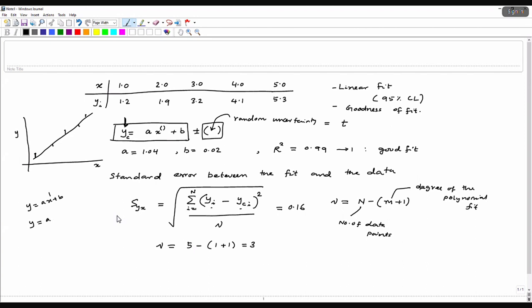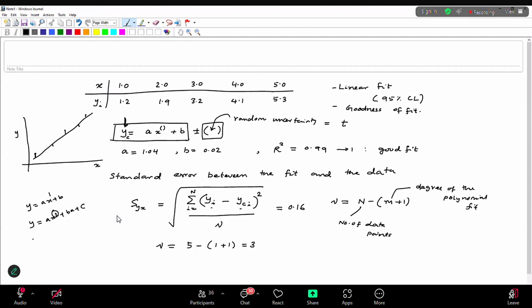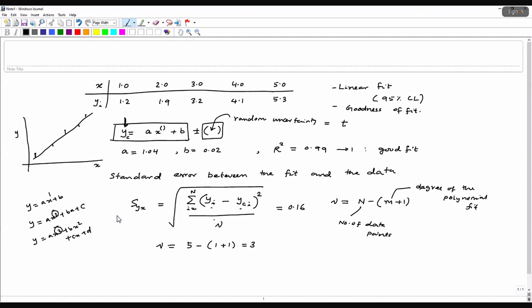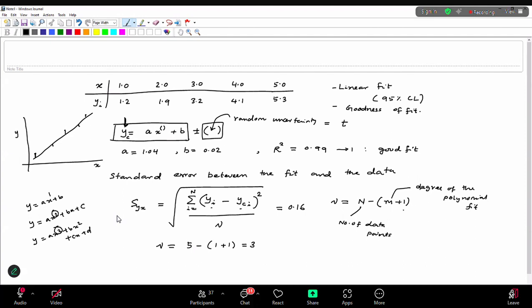If you have y equal to ax square plus bx plus c, the degree of polynomial is the highest order of x, that is 2. Right? If you have ax cube plus bx square plus cx plus d, highest order is 3. Okay. So it is basically the highest exponent of x, which is the degree of the polynomial of the fit. Okay. Thank you, sir. Sorry for disturbing.